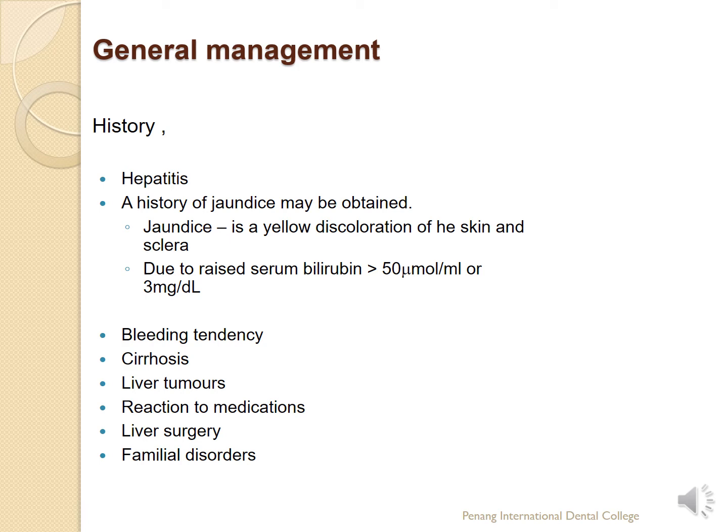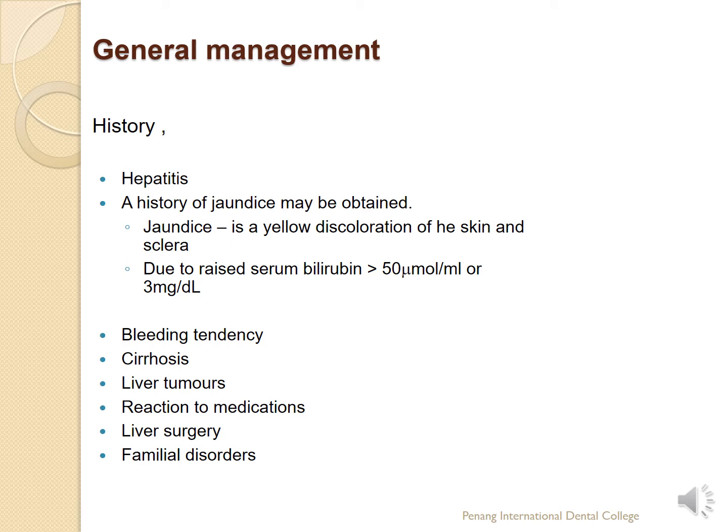The liver produces the clotting factors, so when it is affected, the patient will have a bleeding tendency. Of course, because of alcohol abuse and drug abuse, the liver can undergo cirrhosis, which is the fibrous degeneration of the liver. It is the point at which the liver gives up its regenerating capacity, and it can cause liver tumors, hepatocellular carcinoma, and so on.